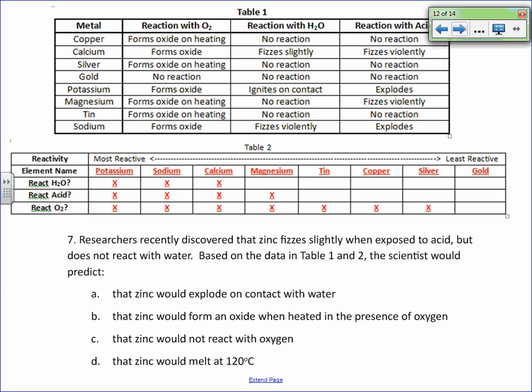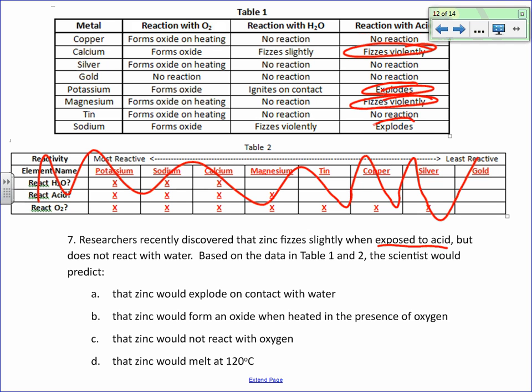If it reacts with acid, it also has to react with what? Oxygen, yeah. If we know it reacts with acid, we also then know, even if we didn't have this, even if we were just looking at the big table, everything that reacts with acid also reacts with oxygen.